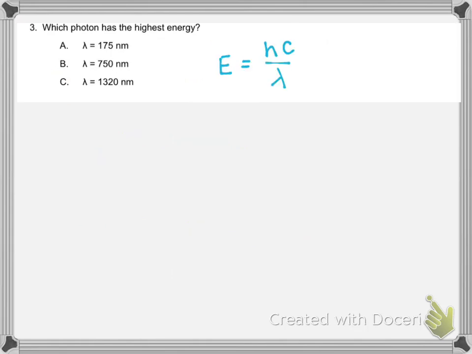In number 3, we want to figure out which photon has the highest energy, given some different wavelengths. And we know we can relate energy to wavelength through the equation E equals hc over lambda. And so the energy and wavelength are inversely proportional. So if I want to increase energy, I need to decrease wavelength.